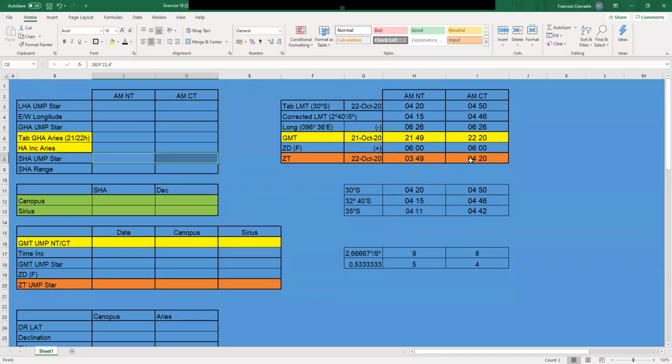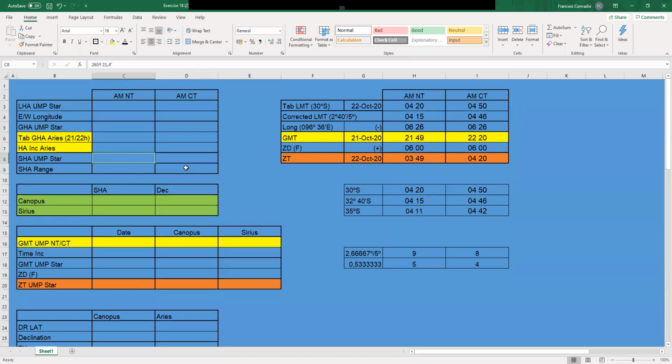So that's basically what we're doing. We know it must be at this time. So we run that time down, starting at Upper Meridian Passage, because obviously this is what we are looking for. We're going to work out the SHA for a star at Upper Meridian Passage at this time, in this column. And then in this column, the SHA for a star at Upper Meridian Passage at that time. Does that make sense? This one will be for this time, this one for this time.